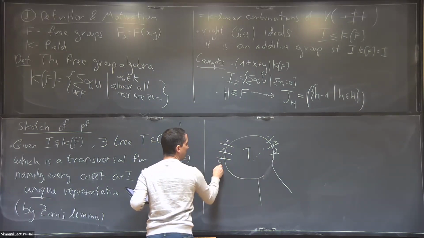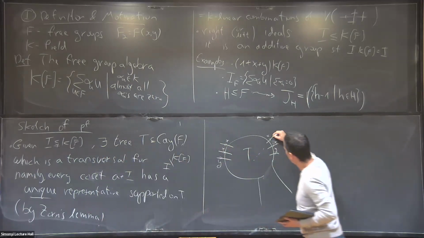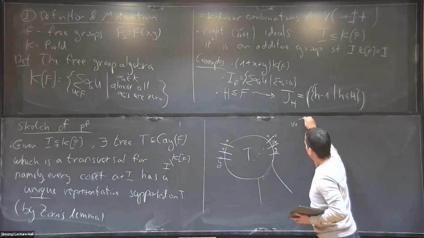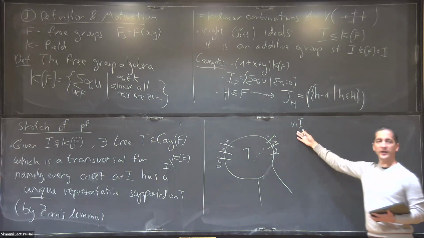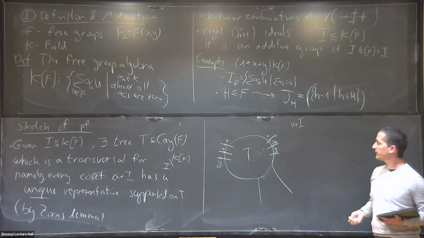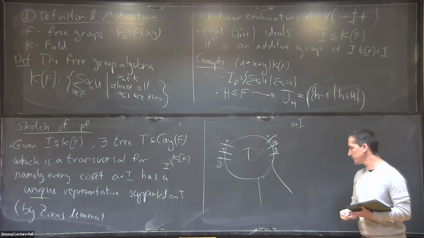And it turns out that you can take, let's take this vertex, this is V. So this is the coset of my ideal, and because it's a transversal, I know that there is some linear combination of elements in the tree.